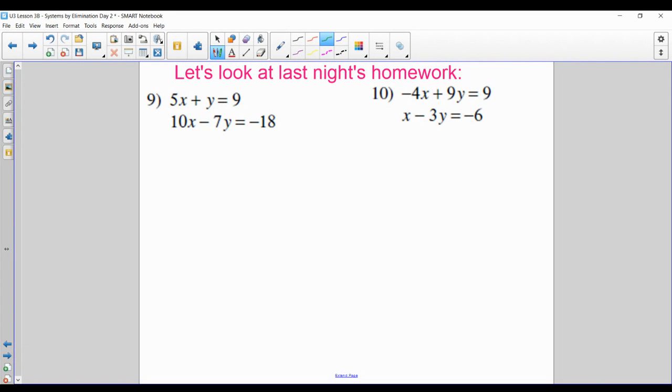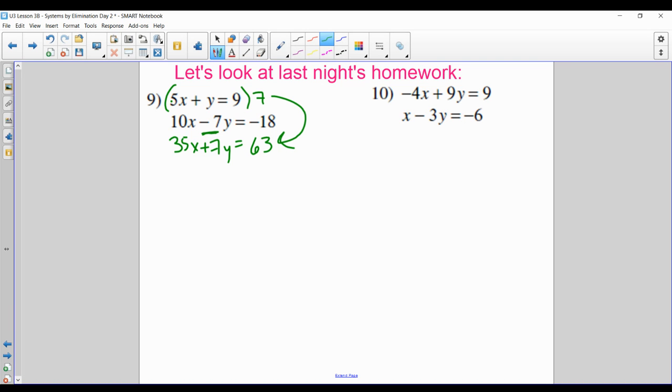Because this y value is negative, I want the one from the top equation to be positive. So I'm going to multiply the whole equation by 7. I'm going to create a new equation where I do 5x times 7 to get 35x, and 7 times y to get positive 7y, and then 9 times 7 to get 63.